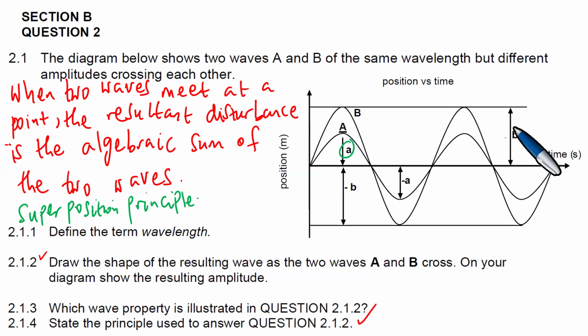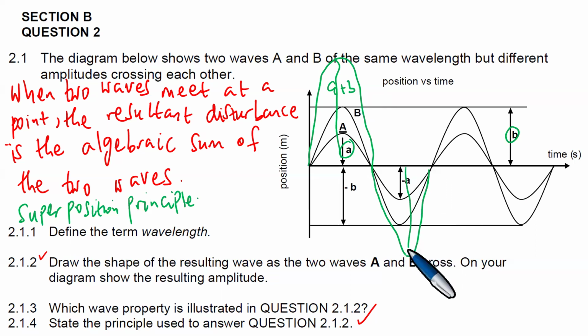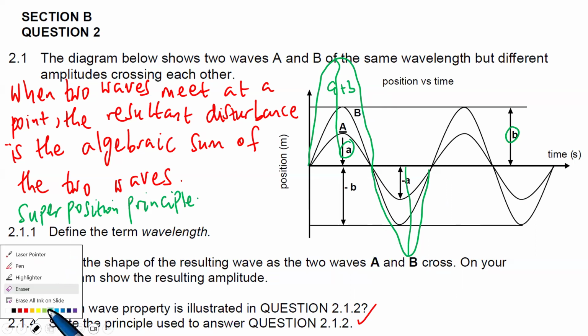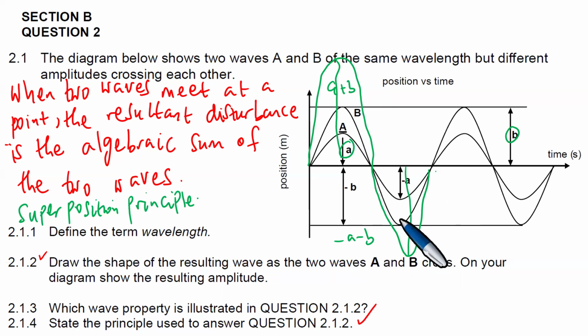This one is A and that one is B. When they meet, they're going to have a higher crest like this, because now this is going to be A plus B. It goes up like this, A plus B. And then this one is going to go down like this, so it's going to be minus A minus B. And then this one, because it's A here and then B there, it's going to go like this.